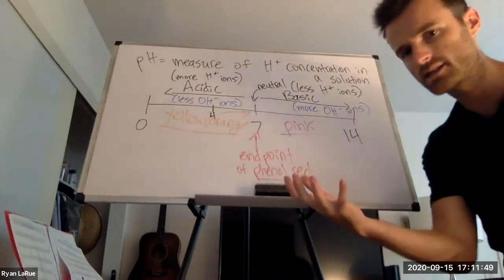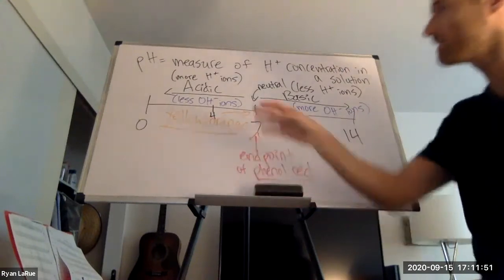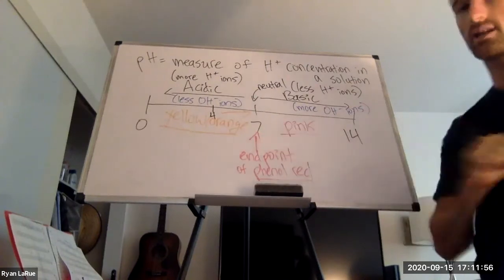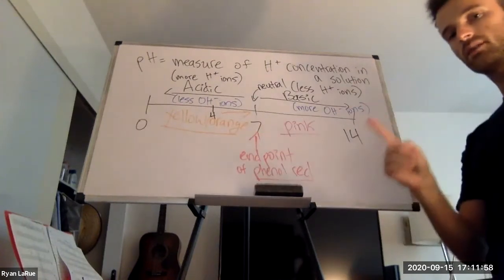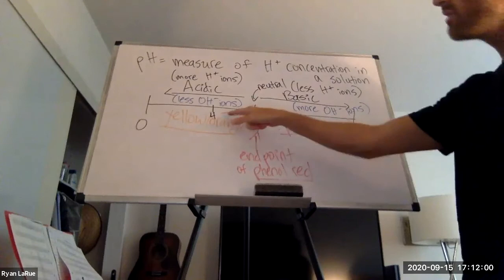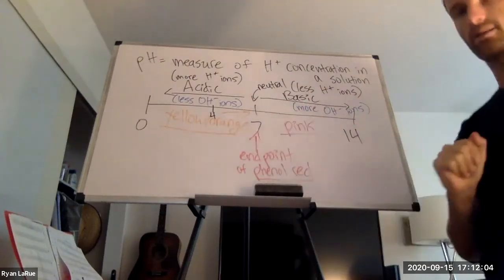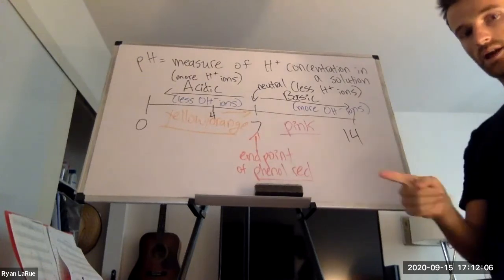And you'll see in Stacy's video, the color change is going to happen. It's an irreversible color change when you reach that endpoint. But the important thing is you count the number of drops of base it took to get to that endpoint. Why?